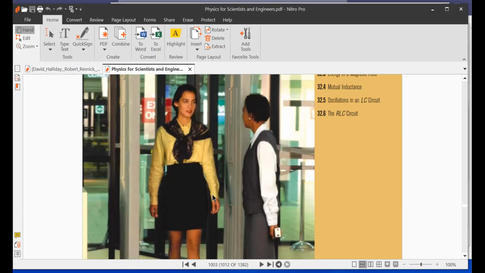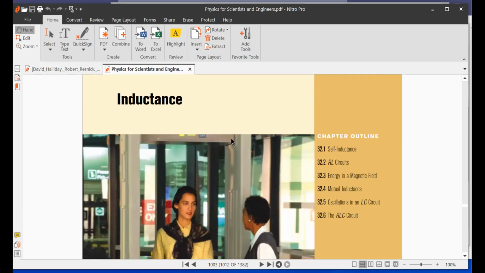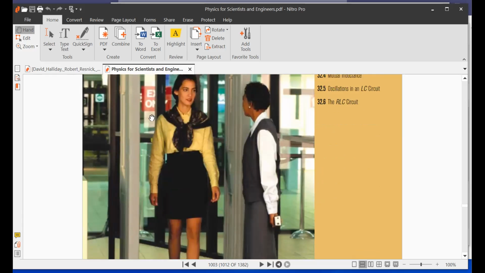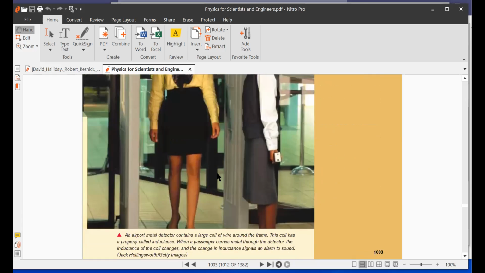If someone brings, for example, a weapon made from non-metal material, this device cannot detect such a weapon.